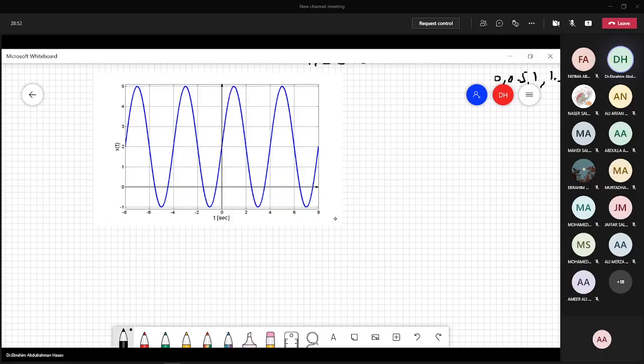If you do a simple resistor experiment, this is current, and you want to plot V versus I, you don't take all the values. You are taking, for example, different voltages, 0, 2, 4, 6, but you are not measuring at 1.1, 0.05, 0.0001. You are taking them as discrete, not continuous.